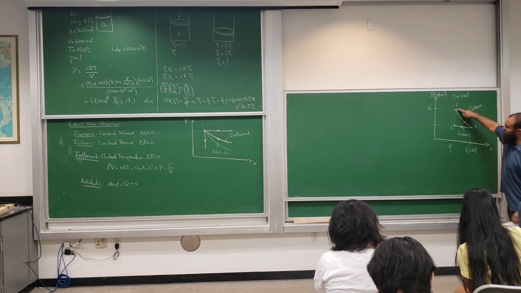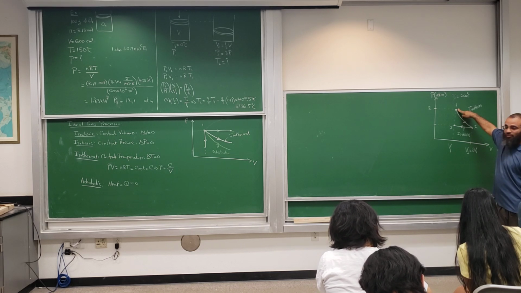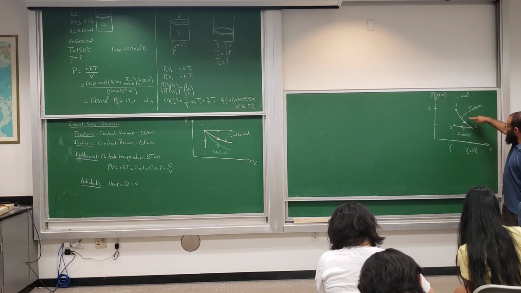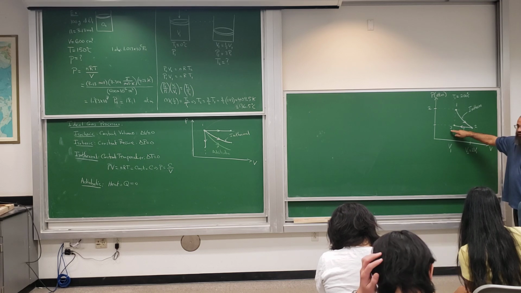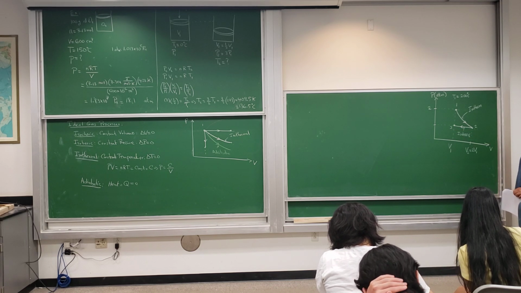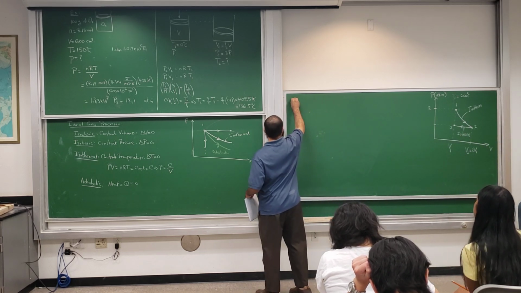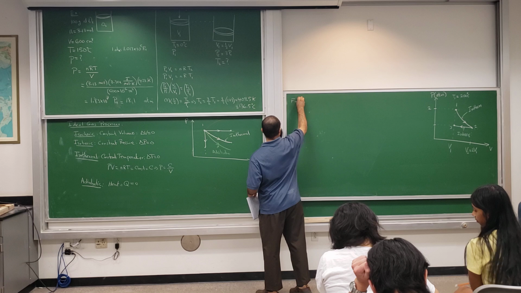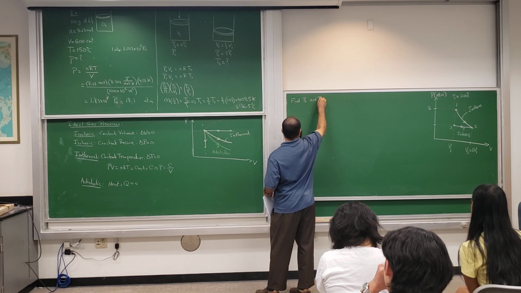And this is called state 1. It's a state because it has some temperature, some volume, some pressure, and some state variables. And this is the second state, and this is the third state. And the question is, what's P3 and T3? Find P3 and T3.